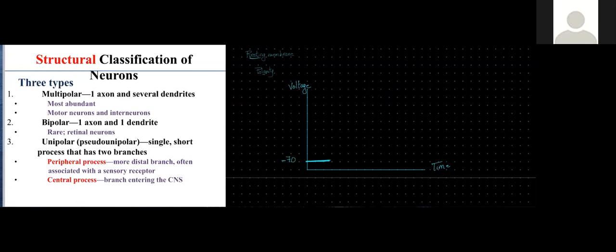What if you have received a stimulus? Like what? Like, for example, you applied enough pressure on your skin, so your touch receptors will start to send out a signal to your brain for you to feel that you're touching something.